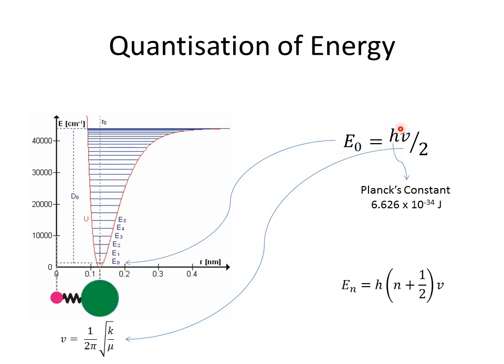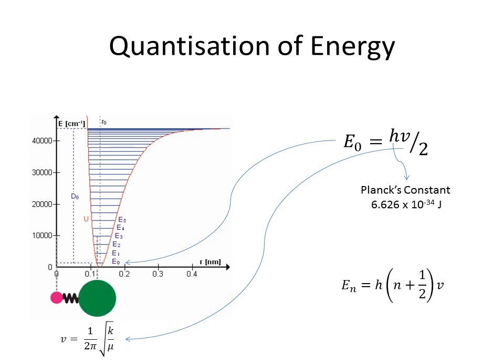H is Planck's constant, which is the amount of energy per each one of these little jumps, per atom or per molecule. So it's a very, very small number, and it's times the frequency. We can work out the energy of the first level by just Planck's constant times the vibrational frequency divided by 2, and that gives us this energy level here.